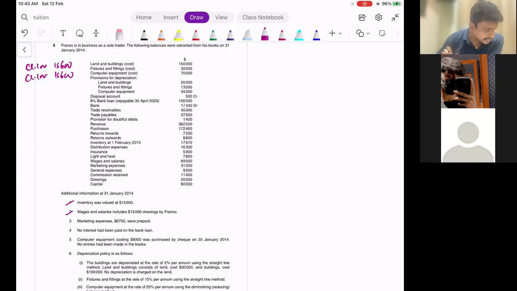Oh, okay, I understand. You need to minus the wages and salaries, plus the drawings. Is it like that? Yeah, minus 15,600 for the wages and salaries, then plus the drawings.